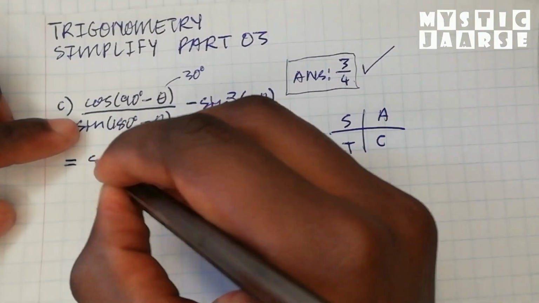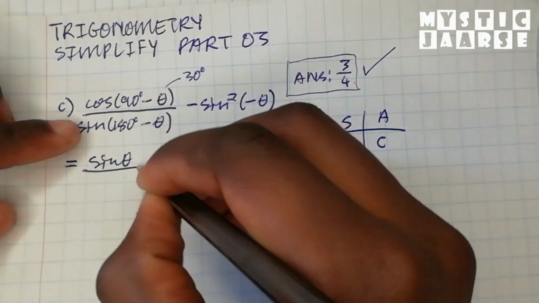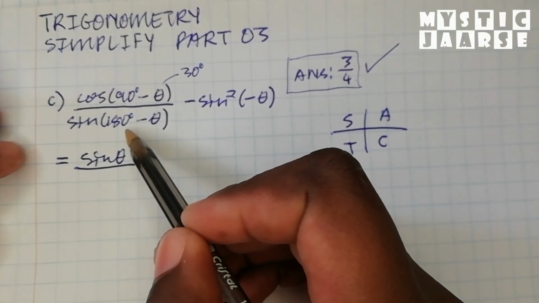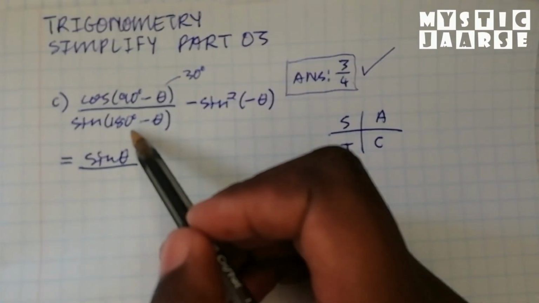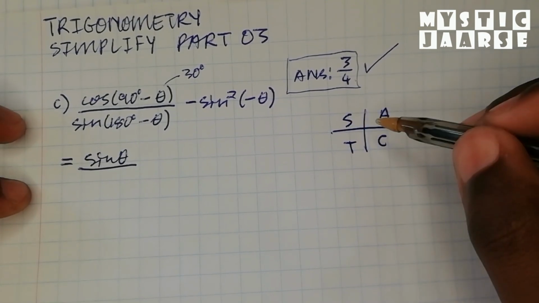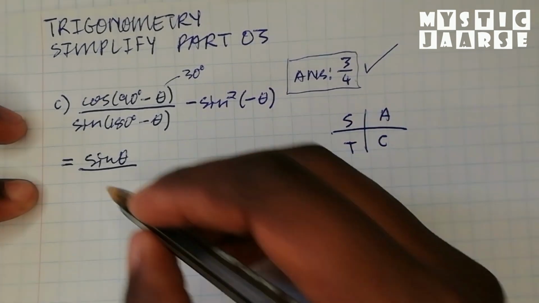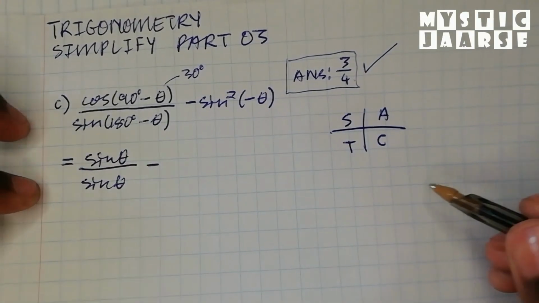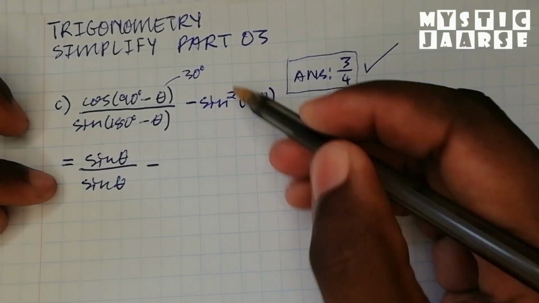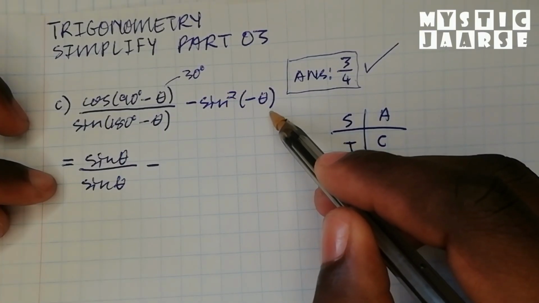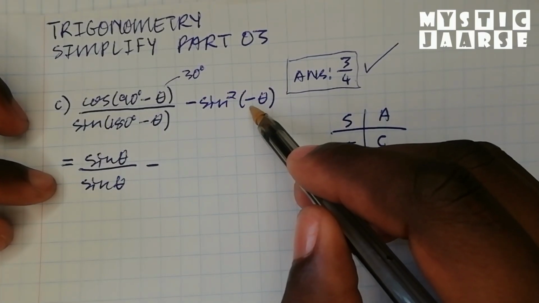So we will be having sine theta divided by sine of 180 degrees minus. 180 degrees minus is the second quadrant and sine is positive, so we will be having sine theta minus. Now this trig ratio is squared and it is multiplied by a negative angle.